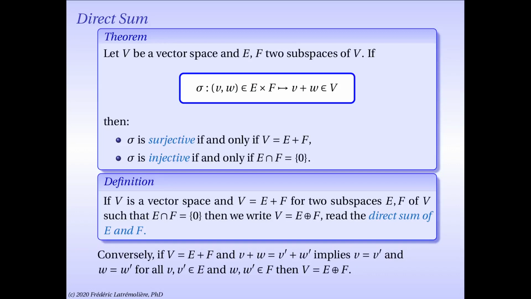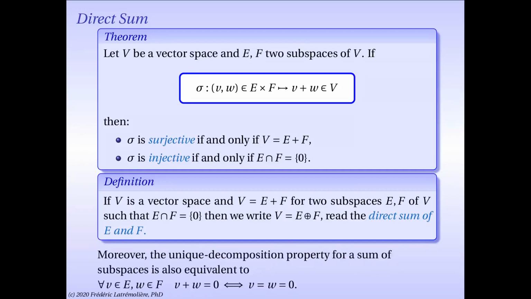That's exactly saying that sigma is injective, and when sigma is injective, we get the conditions stated in the theorem that tell us that our two subspaces E and F are in direct sum, that is, their intersection is reduced to the singleton 0 and their sum is the whole space.